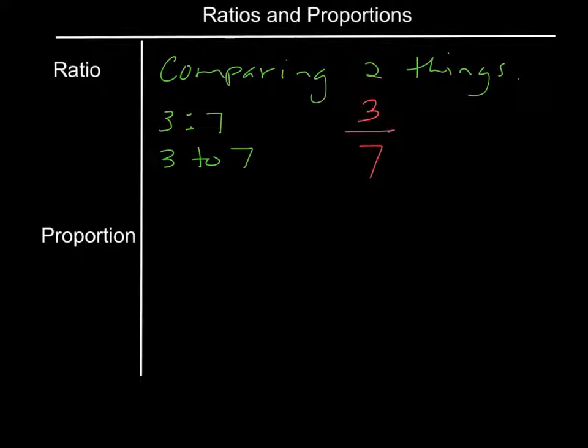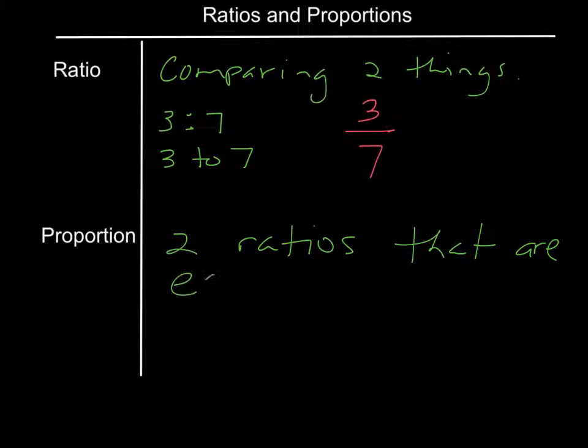And then we also have this idea of a proportion. A proportion is when you have two ratios that are equal to each other, so two fractions that are equal to each other. An example might be 3/5 is equal to 30/50.